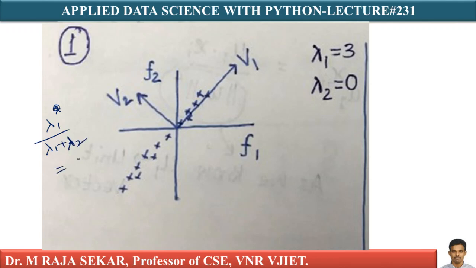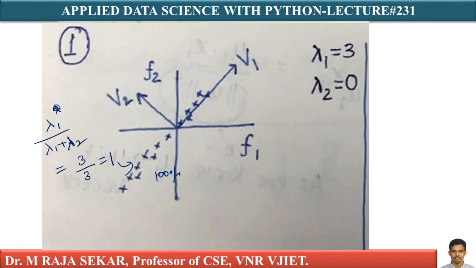Lambda 1 is 3, and lambda 1 plus lambda 2 is 3 plus 0, which is 3. That is equal to 1. This is basically the percentage of variance in the data that is explained. This being 1 means 100% of the data is explained by lambda 1.